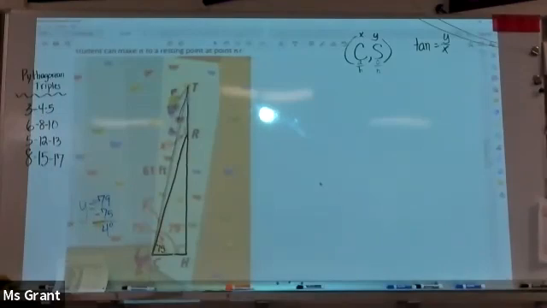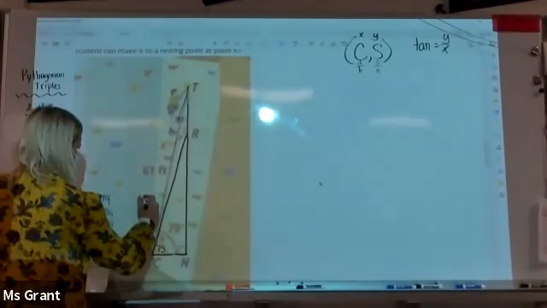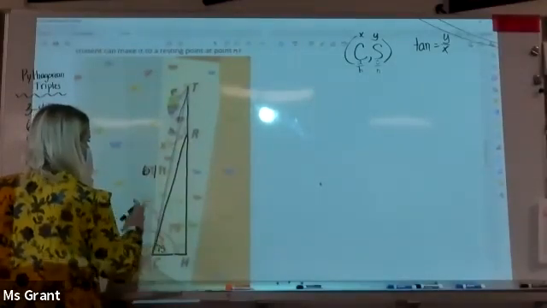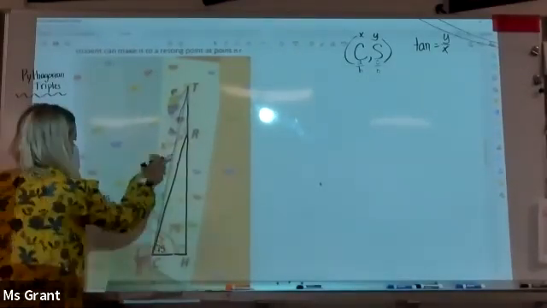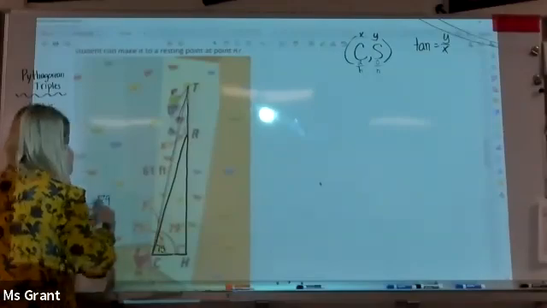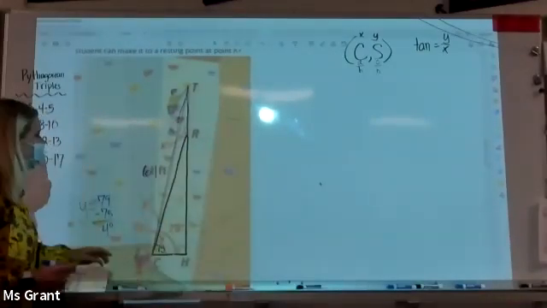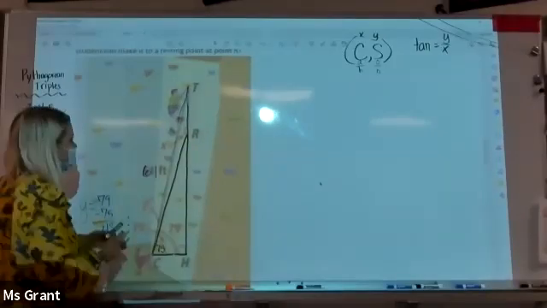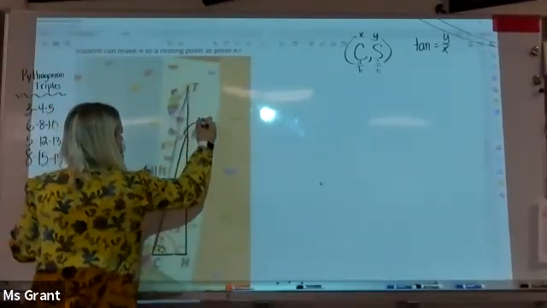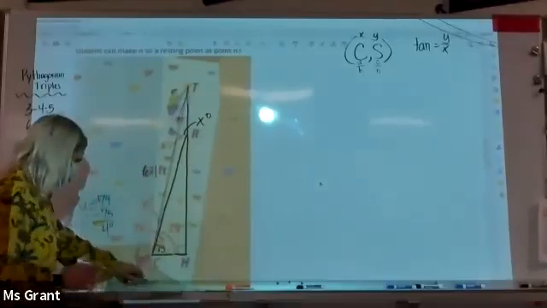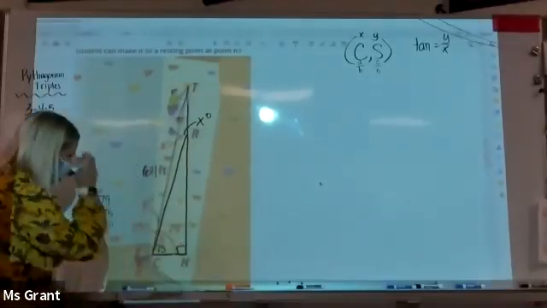Okay. Then I know that this is 61 feet. I'll put it in blue because that was in blue. This is X degrees. It's a 90-degree angle.